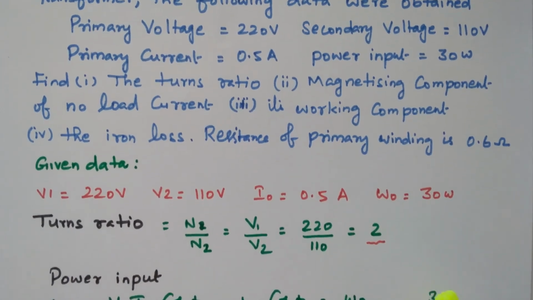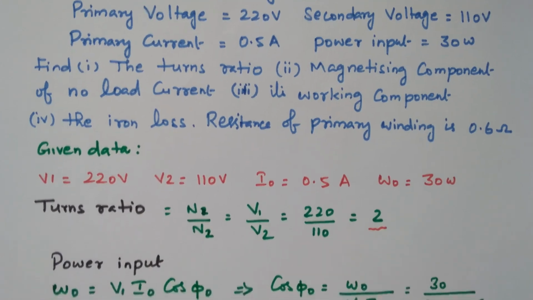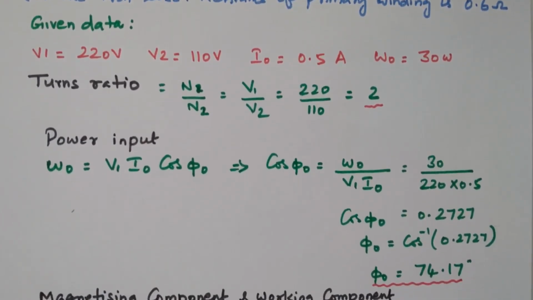From this data we can easily calculate the turns ratio, N1 divided by N2 or V1 divided by V2. That is 220 divided by 110, which is 2. The turns ratio is 2. Then the no load power input is given in the problem.